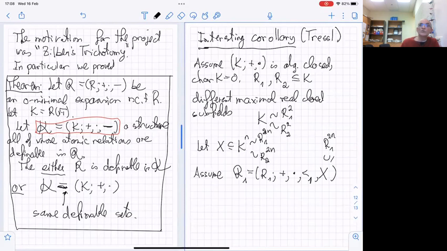Okay, we now view X as sitting in R1^2n. Do the same thing with R2, sitting in R2^2n.